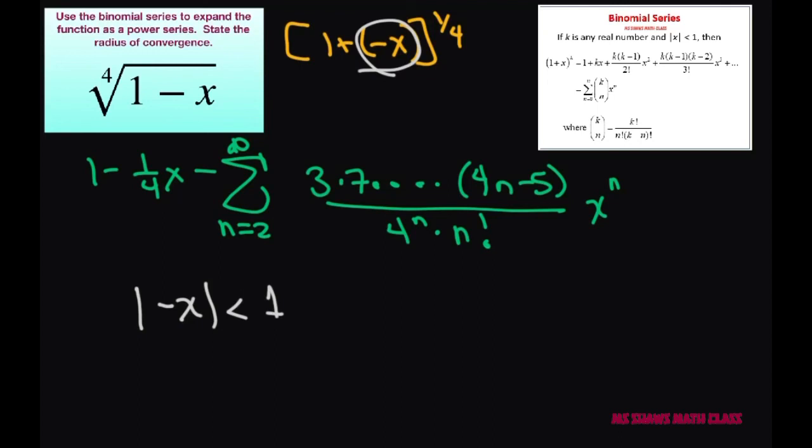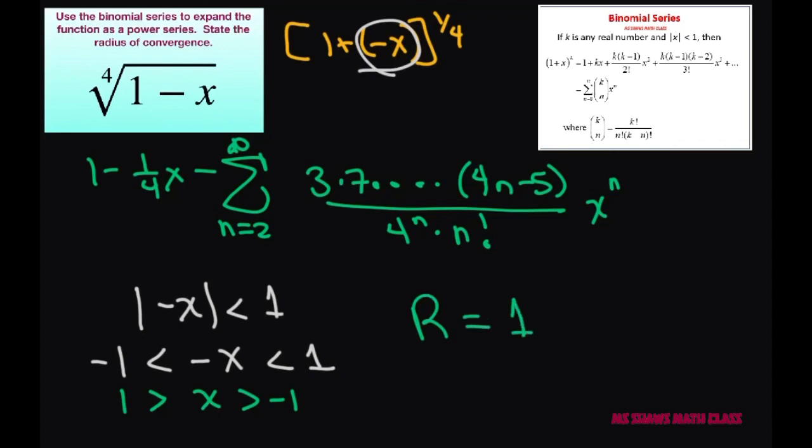So basically this just means negative x is greater than negative 1, but smaller than 1. If you divide everything by negative, you have to switch the signs, so 1 is greater than x is greater than negative 1. So the radius of convergence is just going to equal 1. So it's just going to end up being the same.